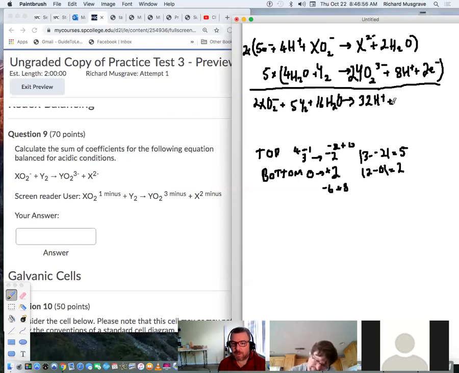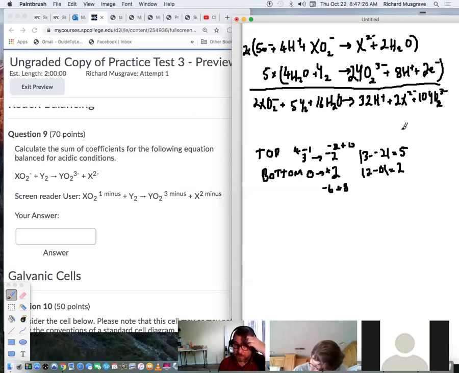And on the other side, the right side, we've got, let's see, 2 X2 minus, and then a 10 YO2 3 minus. And that should be balanced.